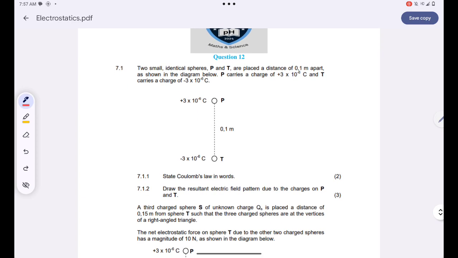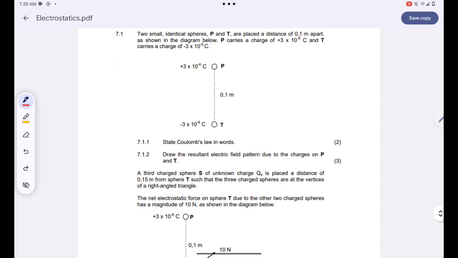Even if you're doing grade 11, guys, it's okay. Grade 11 and grade 12 electrostatics is one and the same thing. And the reason why I keep doing these exam-like questions is for you guys to familiarize yourselves with how to tackle exam questions, because I believe that knowing how the examiner asks questions is going to be advantageous to you whenever you write your exam.